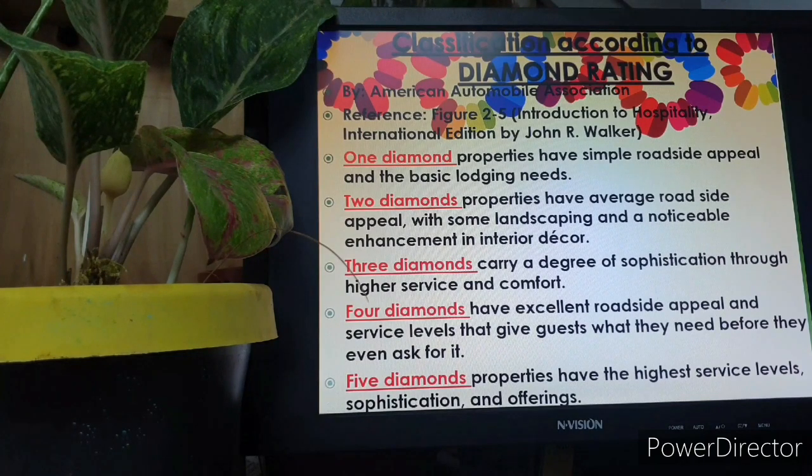The new star rating system for hotels and resorts will replace the old classification system which the DOT has been using since the 1990s. For accommodation providers, we have economy, standard, first class, and deluxe for hotels, while A, 2 A's, and 3 A's are for resorts.